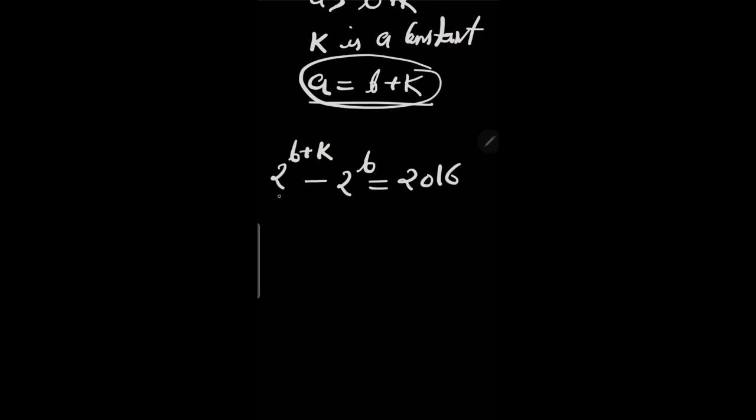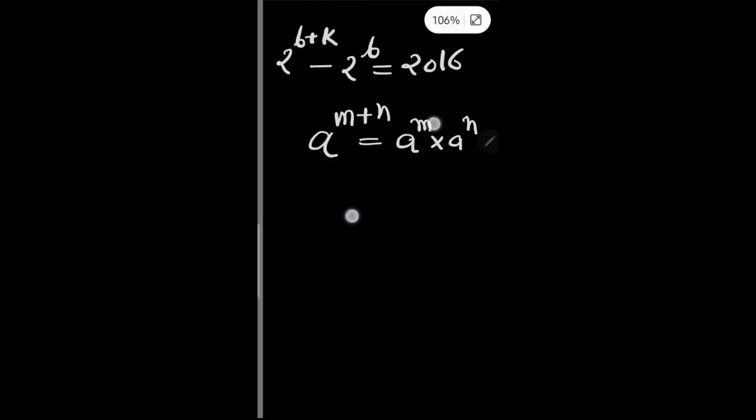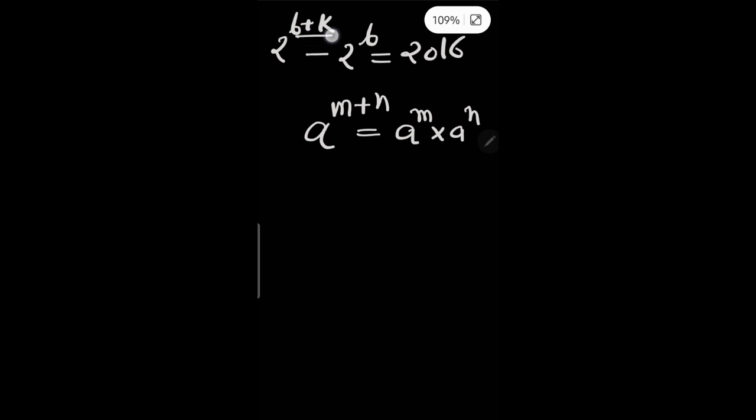Now, we know that when a base has a power in the form m plus n, we can write it as a raised to m multiplied by a raised to n, using this identity. Applying this here, 2 raised to b multiplied by 2 raised to k minus 2 raised to b is equal to 2016.